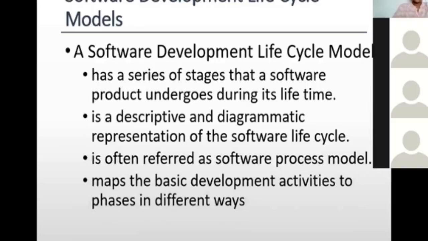We can call it either a software process model or the software development life cycle; both terms are common. The activities in the software process can be mapped onto these stages.